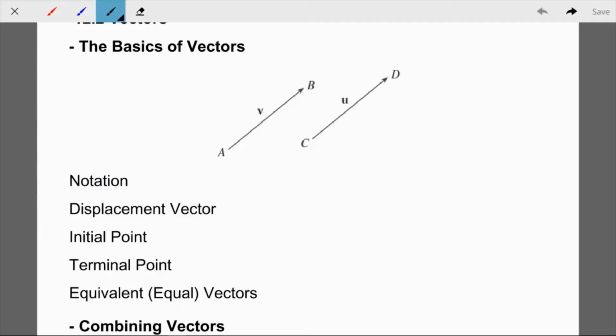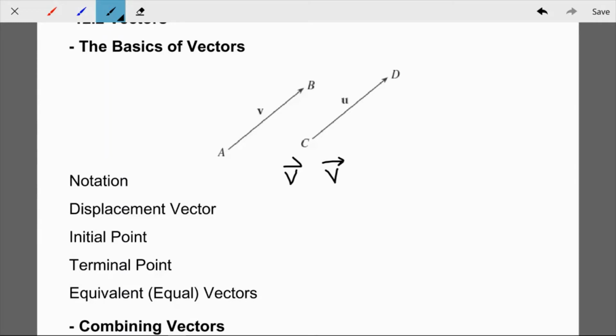If I were going to write the vector v, I usually write it like this: the v and then a half arrow on top of that v, or you might see it written like this with an arrow on top. Eventually we'll get to the point where we're going to have vectors in component form.